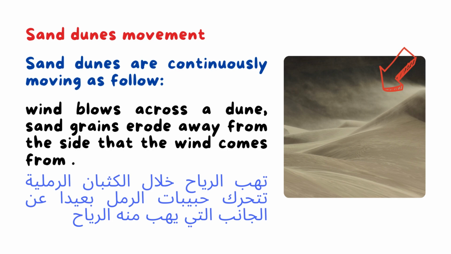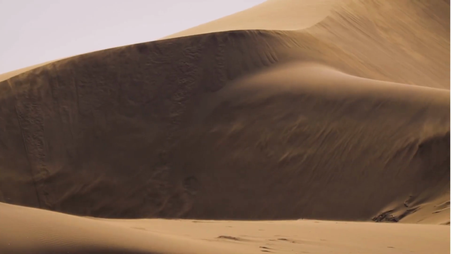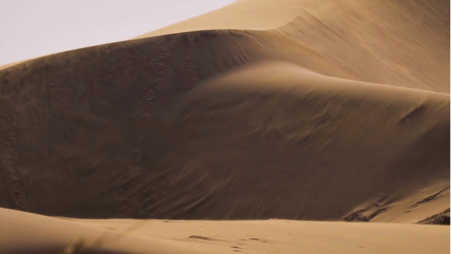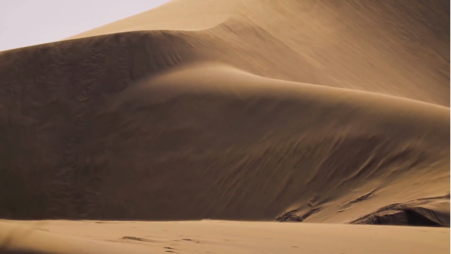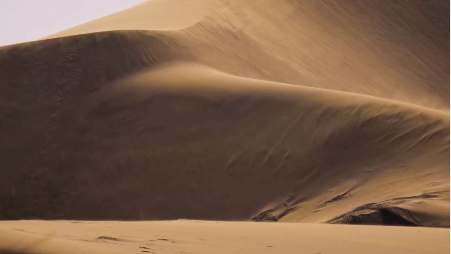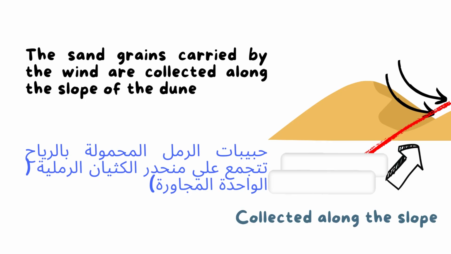Now we will go to step 2. As you see here, where do these sand grains go? The sand grains carried by wind are collected along the slope of the dune. As you see in this drawing, I made the slope of the dune with the red line.